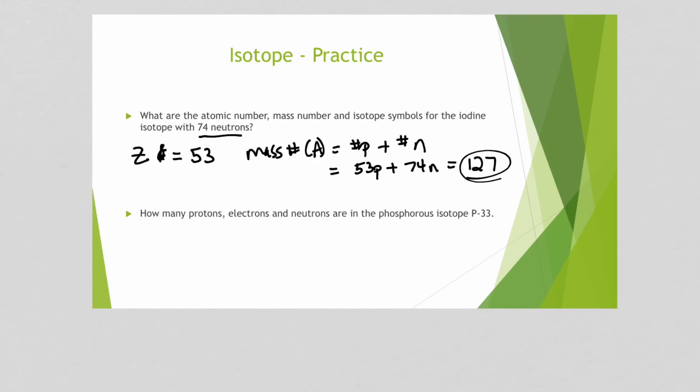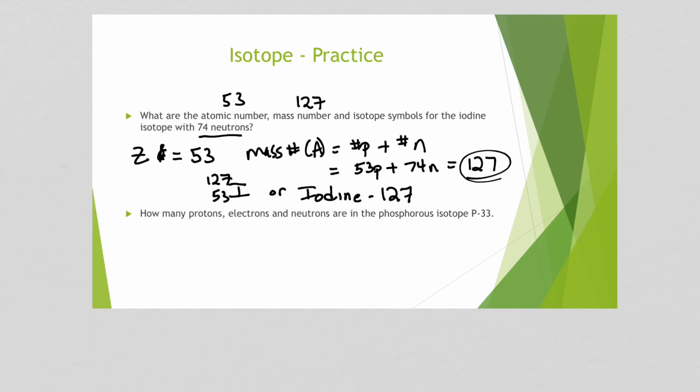So we have an atomic number of 53, a mass number of 127, and the symbols, well, we can have two of them. We could write it this way, where we have iodine 127 with 53, or we could write it iodine 127. Those would be two different symbolisms we could use.